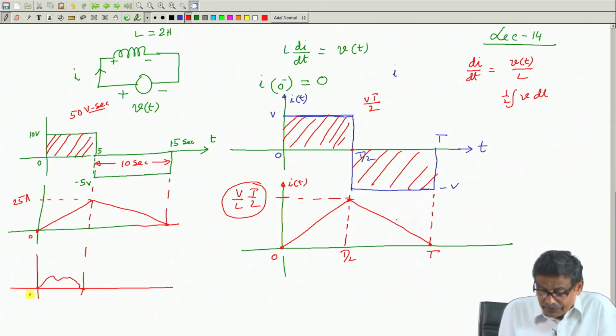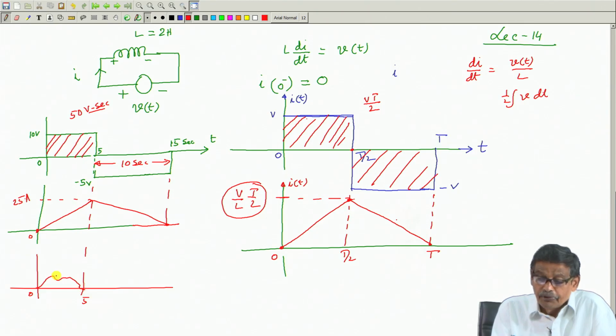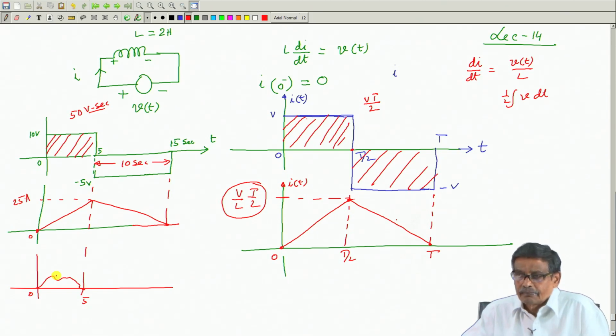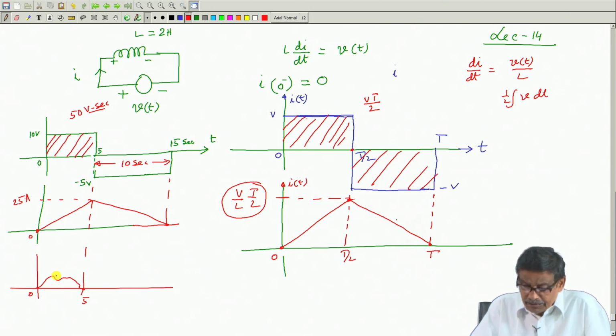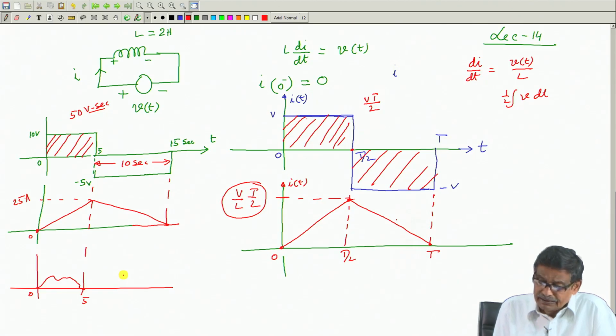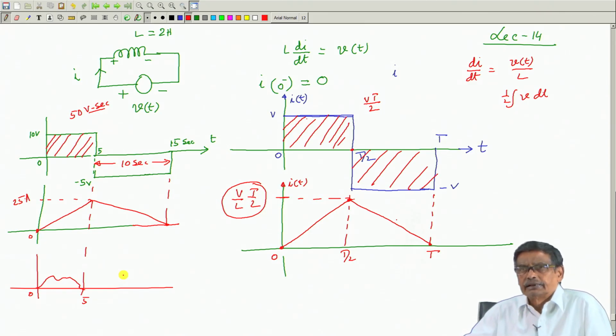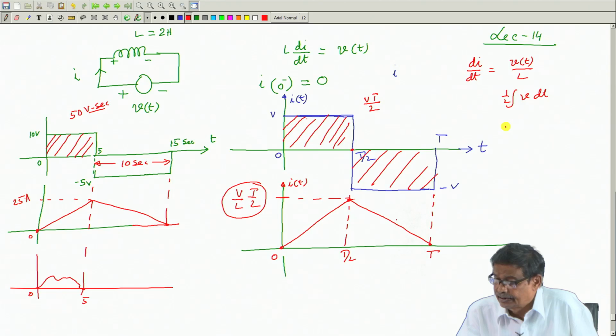But what I am trying to tell is that at t equal to 5 second, if you have applied 50 volt second, accumulated volt second, this current will be 25 ampere. Positive volt second I have applied. Similarly, negative volt second you have applied like this. So, this is how you must understand volt second applied, and I leave it to you to think about this, later I will discuss.